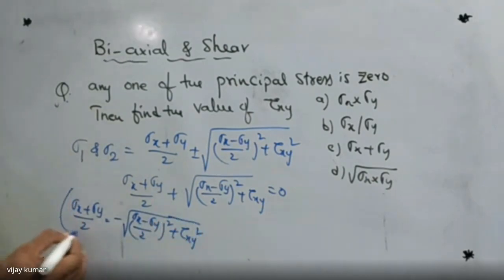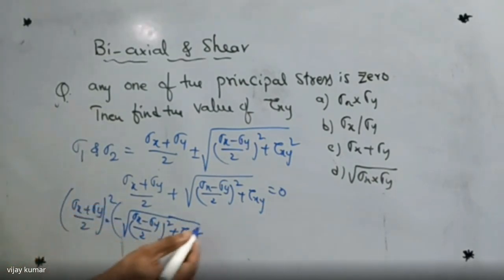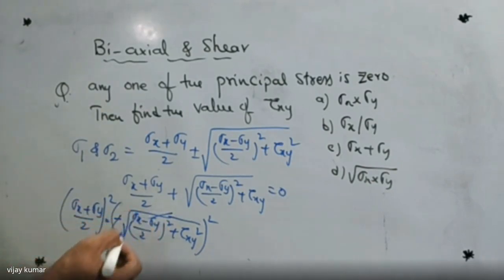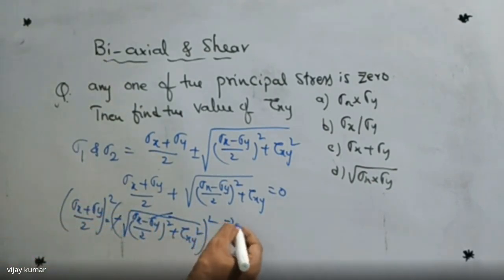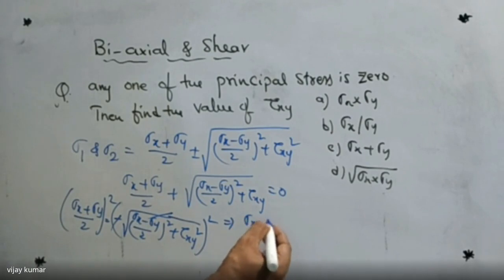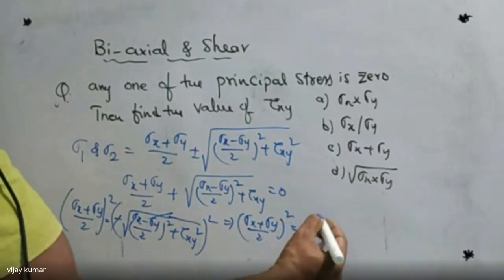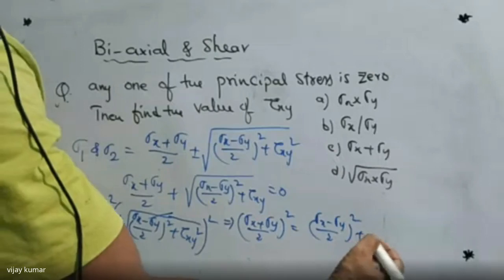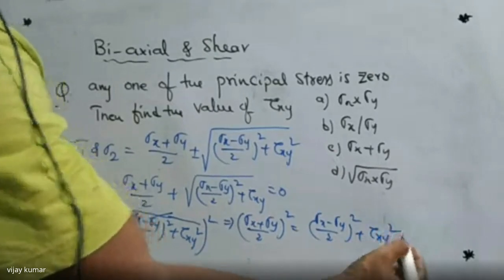So if you square on both sides, the negative gets cancelled, and the root gets cancelled. Then I'm writing here (sigma x plus sigma y by 2) whole square is equal to (sigma x minus sigma y by 2) whole square plus tau xy square.